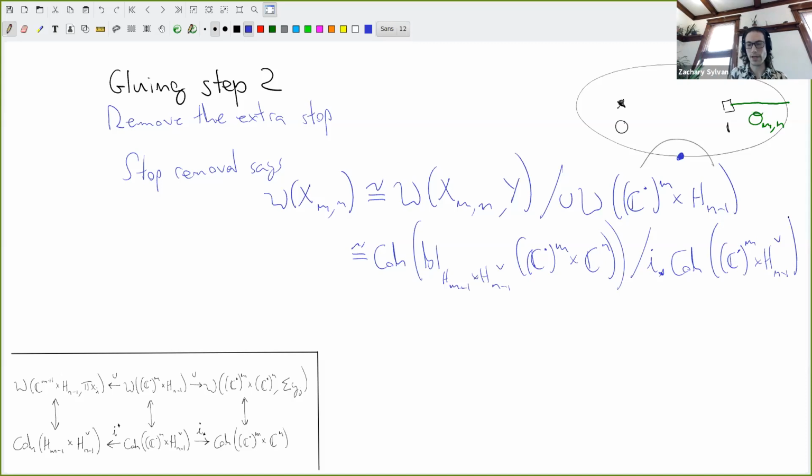And again, we know by descent in algebraic geometry that quotienting by sheaves on some hypersurface is the same thing as just removing the hypersurface.